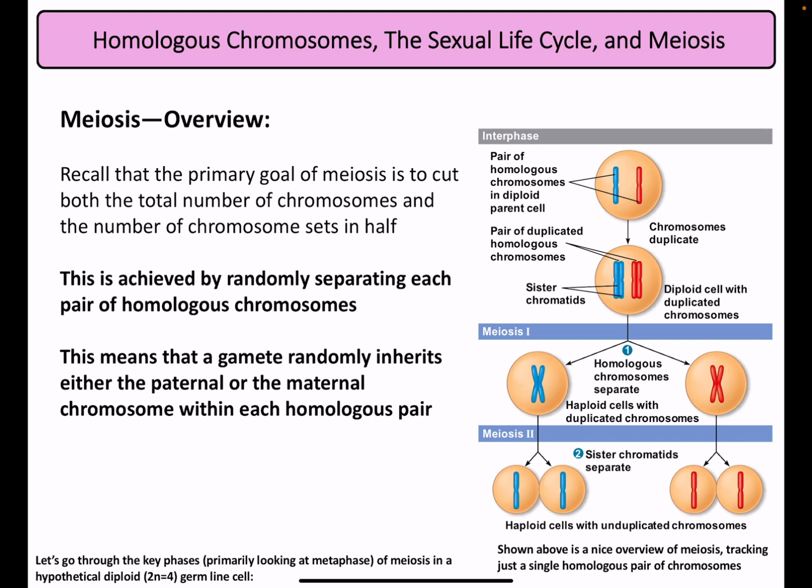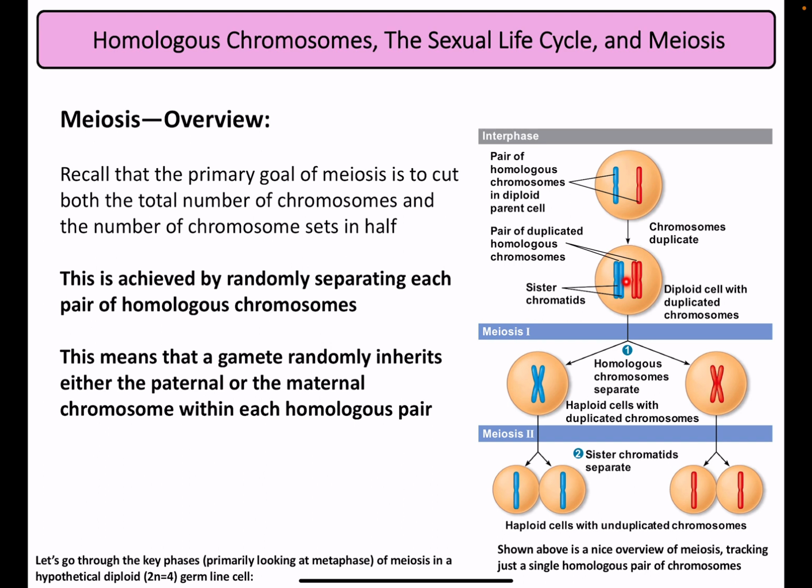Now, what we're looking to do is take each homologous pair. What's nice here in this picture is they only focus on 1 pair. It would be really messy to look at 23 pairs. We're going to take each pair, and it's basically like a coin toss. Let's say heads is blue, tails is red.